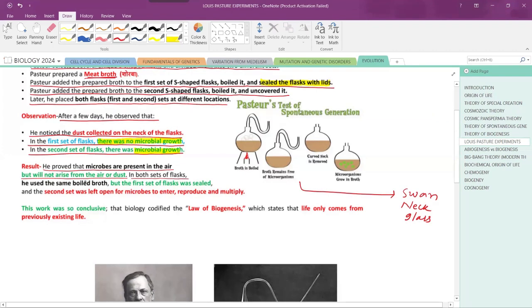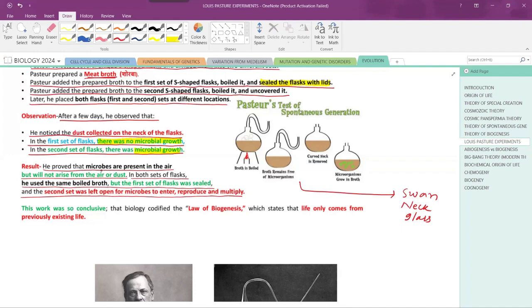In both sets of flasks, he used the same boiled broth, but the first set of flasks was sealed and the second set was left open for the microbes to enter, reproduce and multiply. So in both jars, they used the same broth and both broths are boiled, but the first jar is sealed and the second jar remains open.